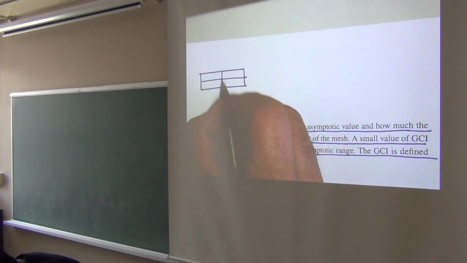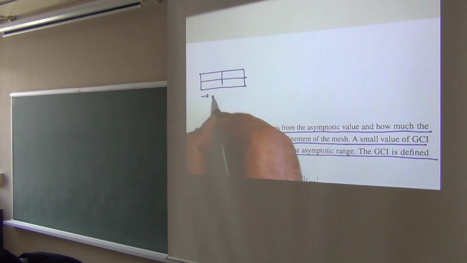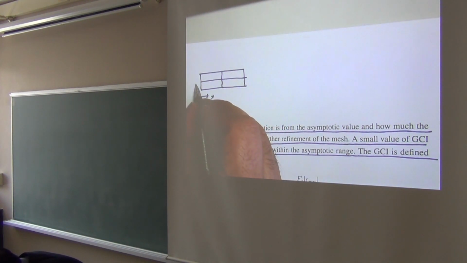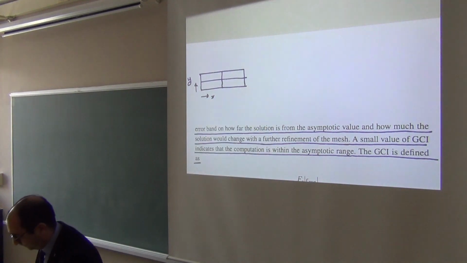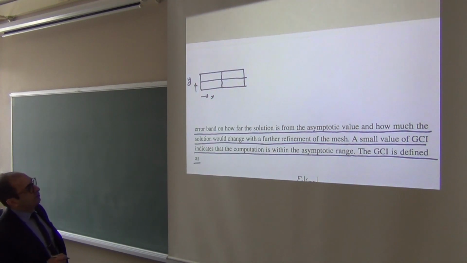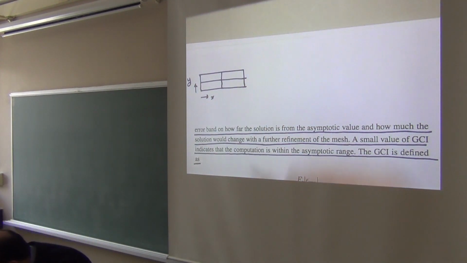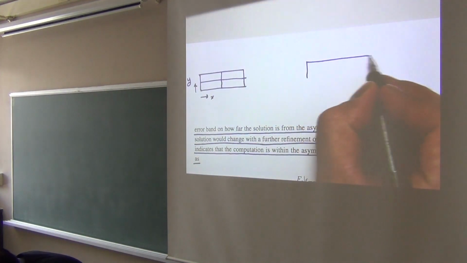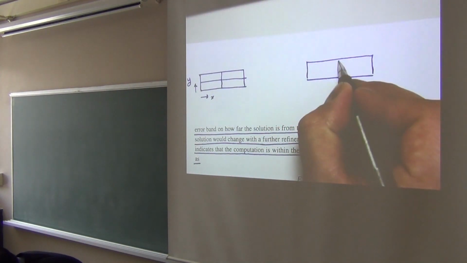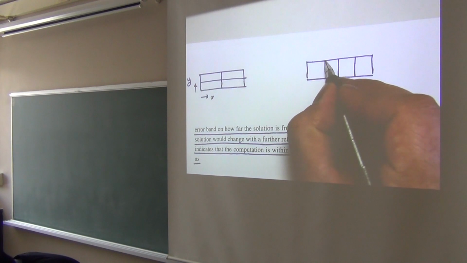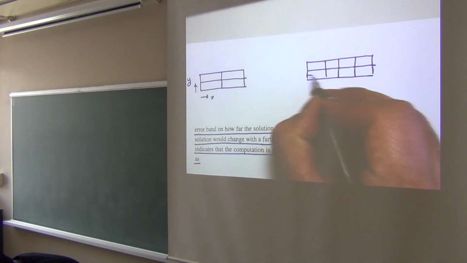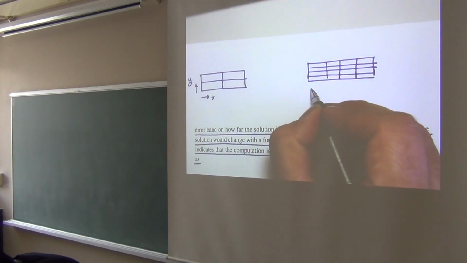Okay, so in the x direction I have 2 elements, right? In the y direction I have also 2 elements. Then I slice this equally more in each direction. See what happened?